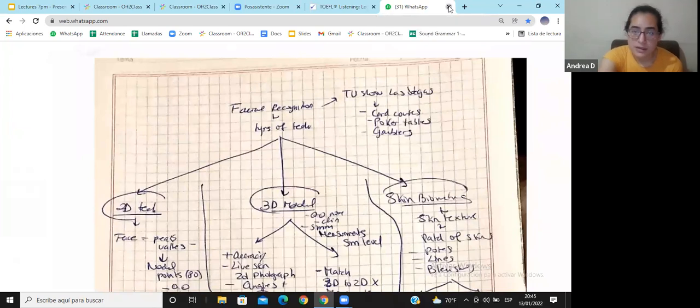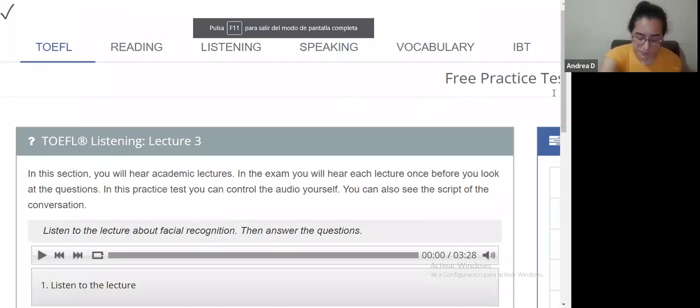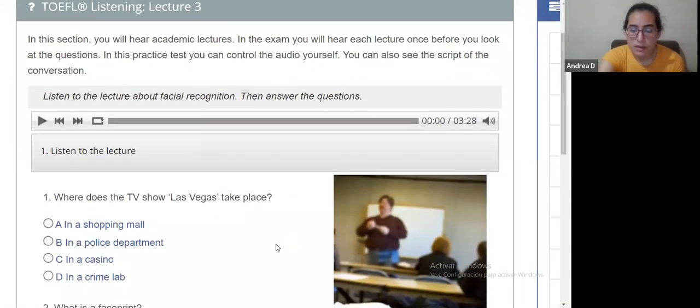So let's see how we can answer the questions using that information we have. Okay. So the first question goes, where does the TV show Las Vegas take place? Is it in a shopping mall, in a police department, or in a casino, or in a crime line?